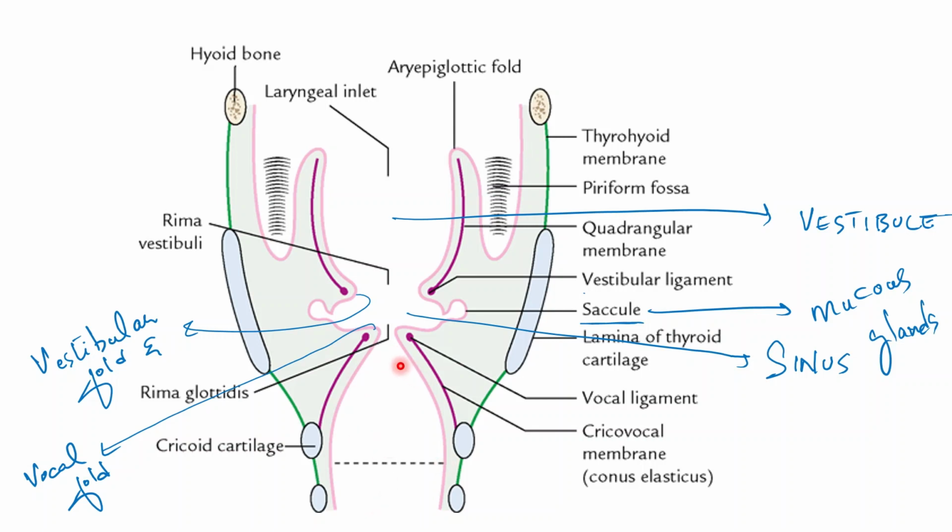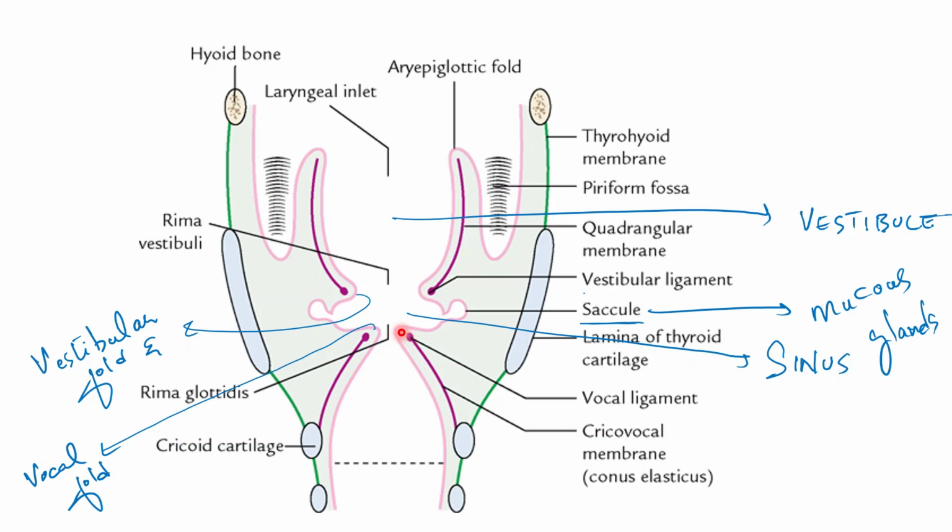So, as we can see, the supraglottic part is roughly funnel shaped. The infraglottic part is a cone shaped space.